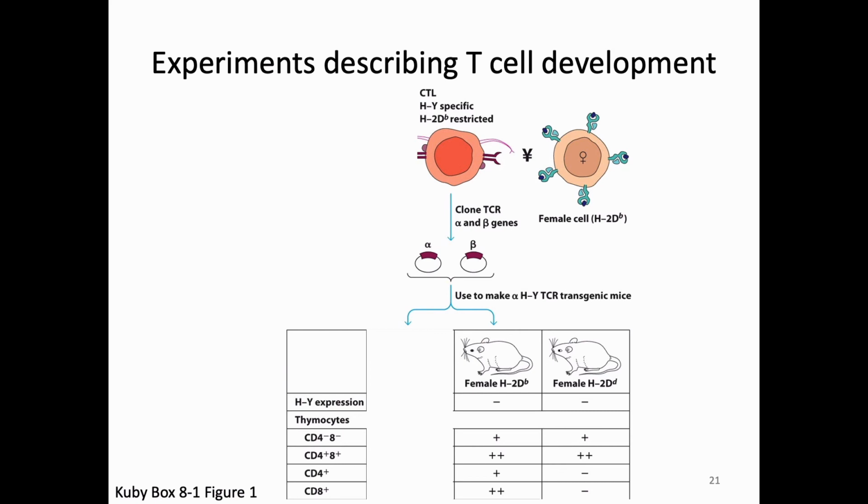But then they repeated the experiment and looked in the male mice, where now this antigen is a self antigen. And the thing is, we know the T cells can develop normally if they're not self. We know it works if they're not self. So then what happens if they're self?